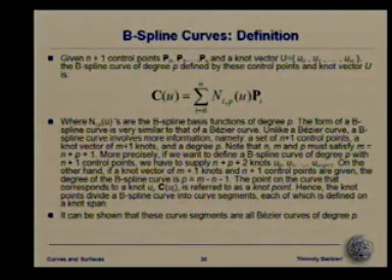Or, in reverse order, the degree of your curve is how many knots you define, minus n, which is actually the number of control points minus 1, minus 1. This is the degree of your curve.